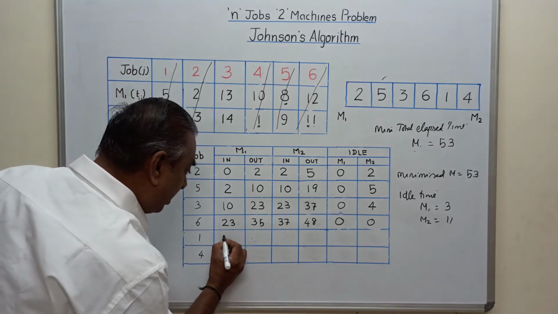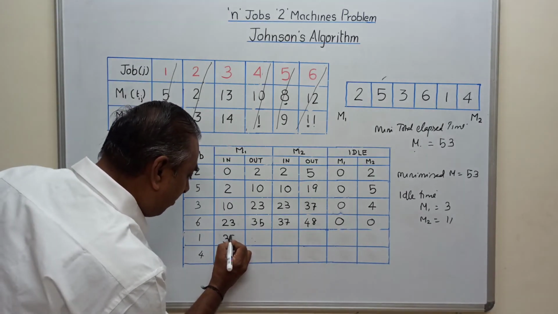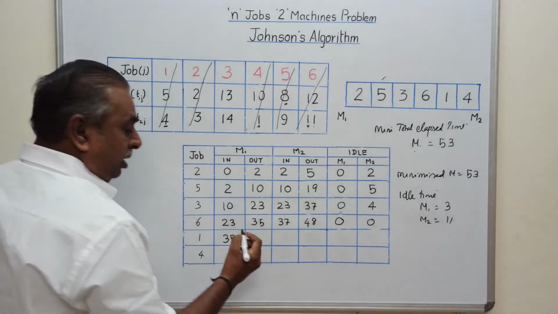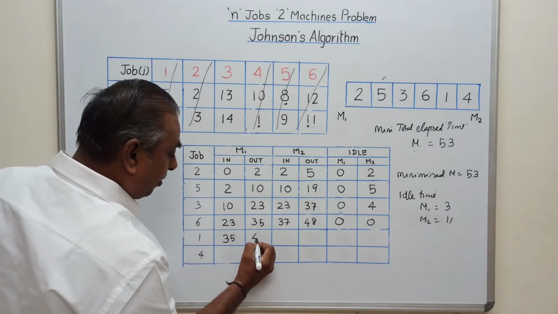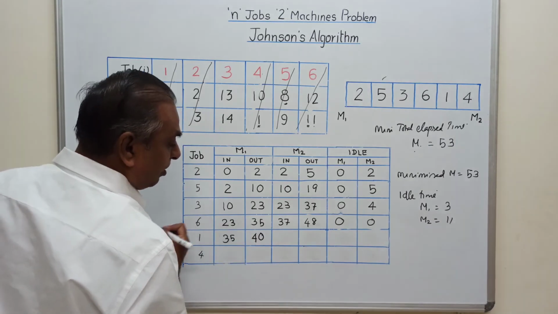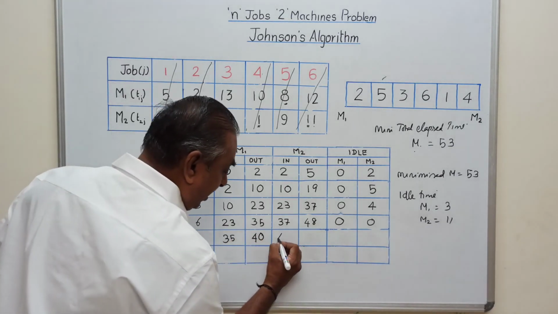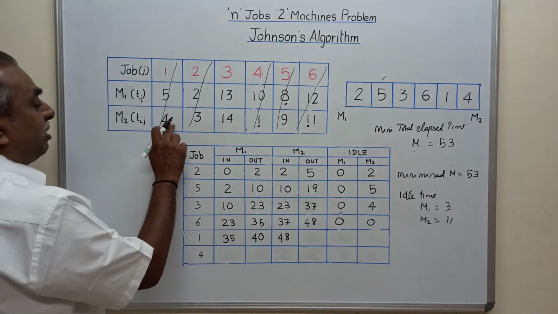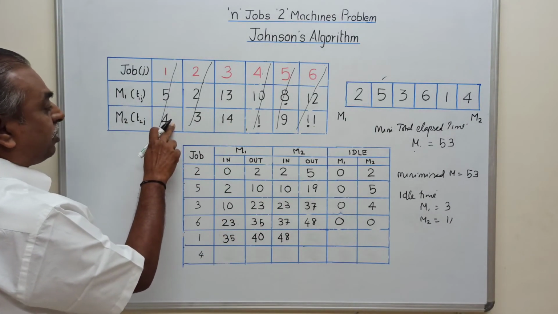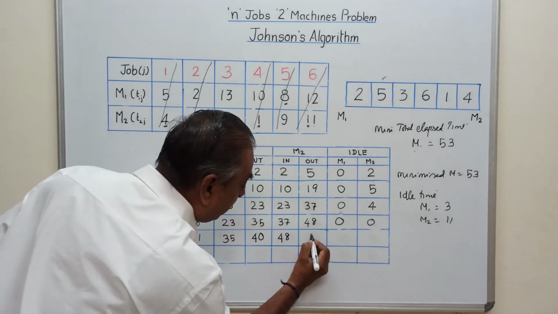Now the first job enters machine M1 at 35. The first job has a processing time of 5. It comes out from machine M1 at 40 hours, and at 48 hours only it can enter machine M2. At M2 it has 4 hours of processing time, so it will be coming out at 52 hours.